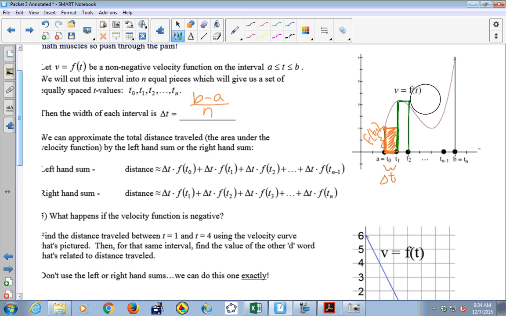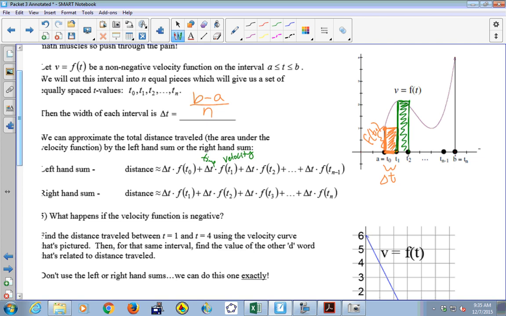The area of that rectangle tells me the distance traveled, because the height of that rectangle is f of t1, which is the velocity at time 1, and delta t is time. When you multiply time times velocity, you get distance traveled, which happens to be the area of that rectangle also.